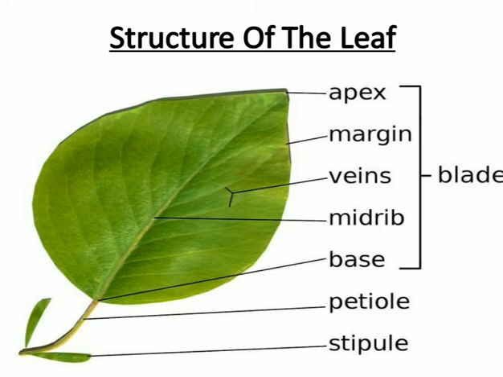When the leaf has a petiole, the leaf is called petiolate, and if the leaf does not have a petiole, it is called a sessile leaf. The leaf bears two lateral leaf-like small structures. These are called stipules.